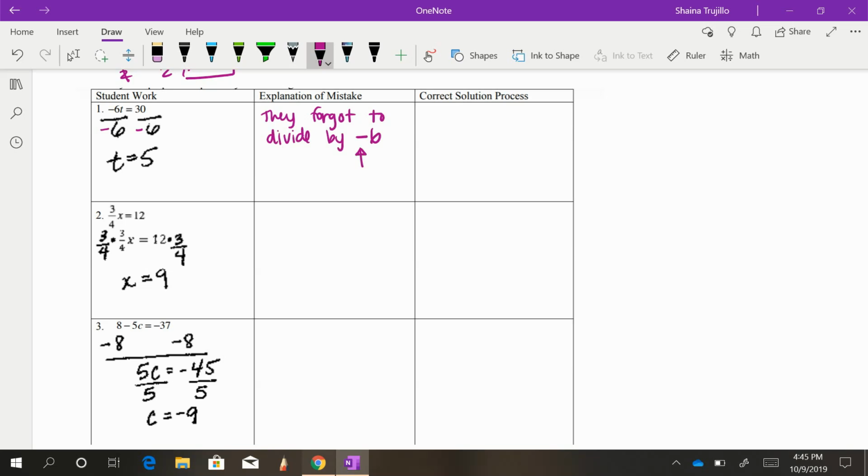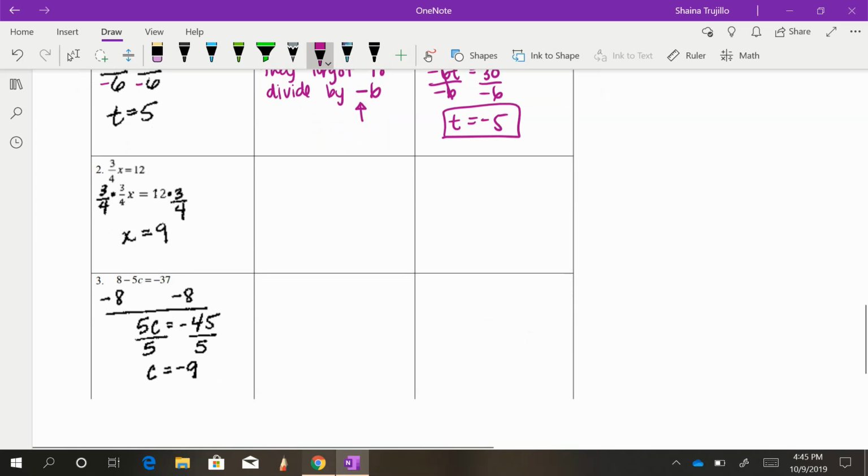Okay, so the correct solution, I'm going to show how to do it. You divide by the negative 6. So t equals negative 5.